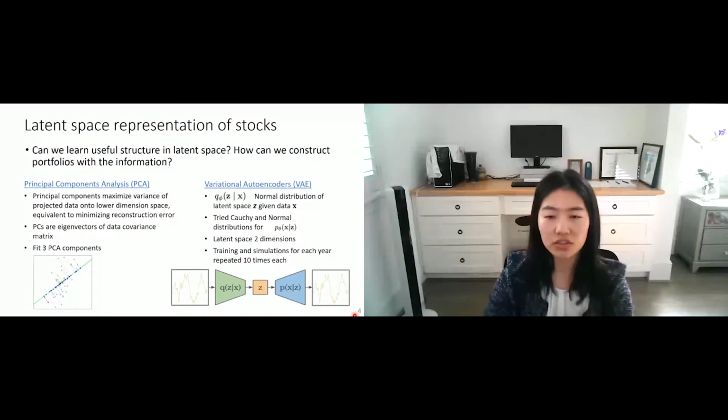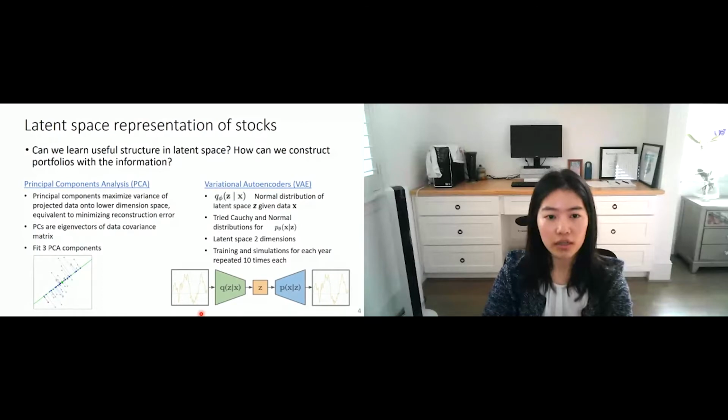And our questions are, can we learn useful structure in the latent space? And how can we construct portfolios with the information? So there are many different methods to reduce dimension data, and these were the two that we used. The first one is principal components analysis, or PCA.